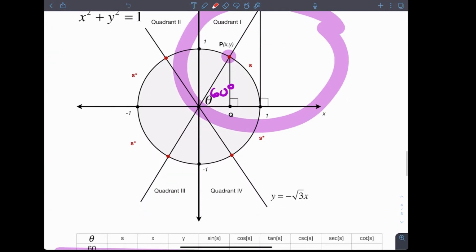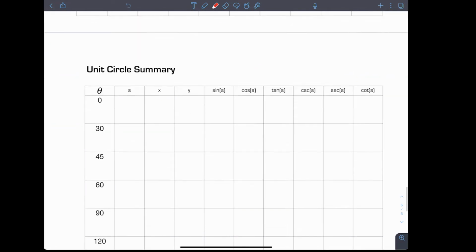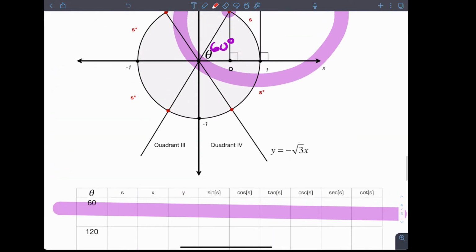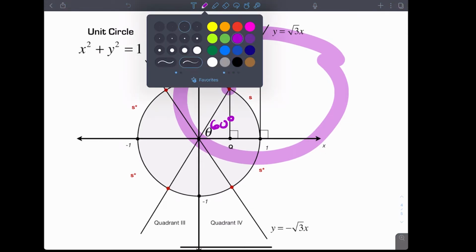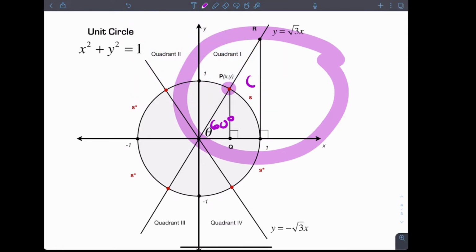Oh, we already did the 45, 45, 90. And I think here's a 60, 60. What was this terminal point? You guys remember? Was it 1/2, square root of 3 over 2, the x and y coordinate? So this is going to be what? Minus 1/2, square root of 3 over 2.